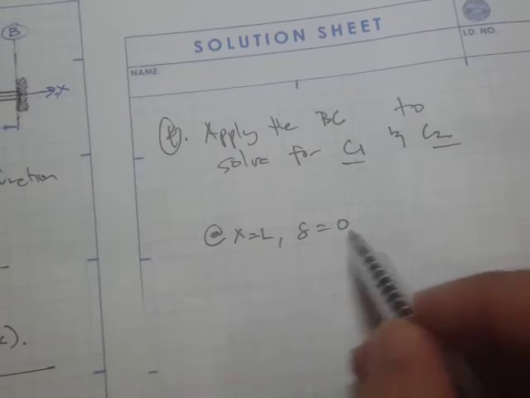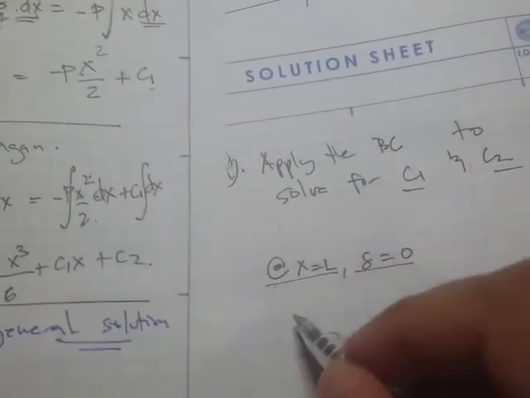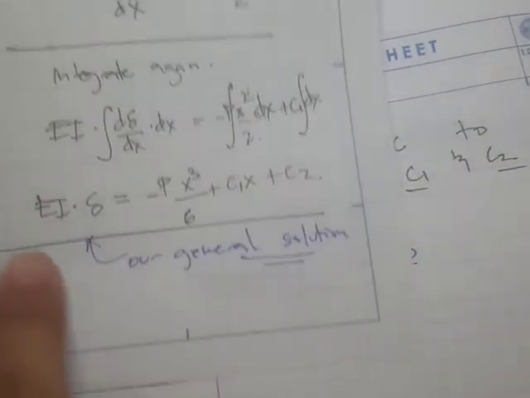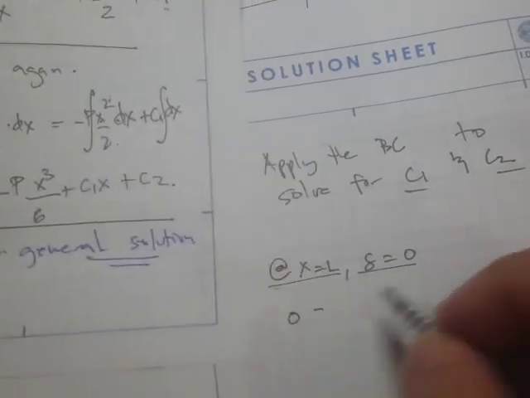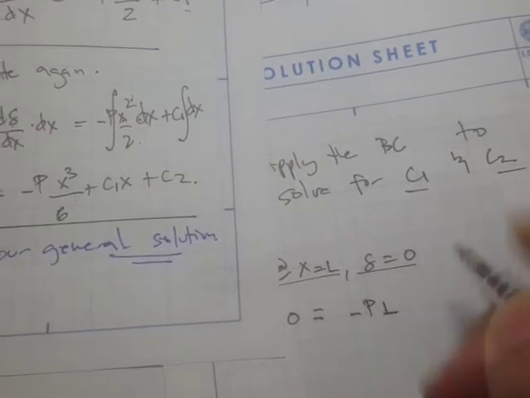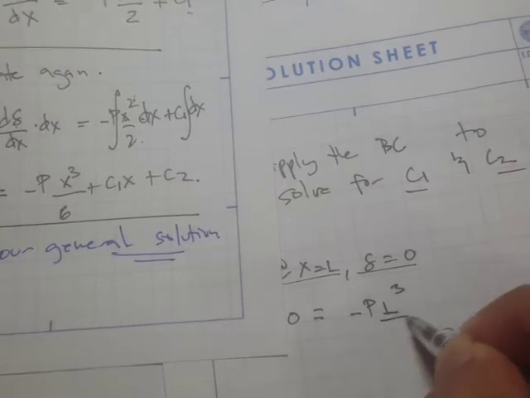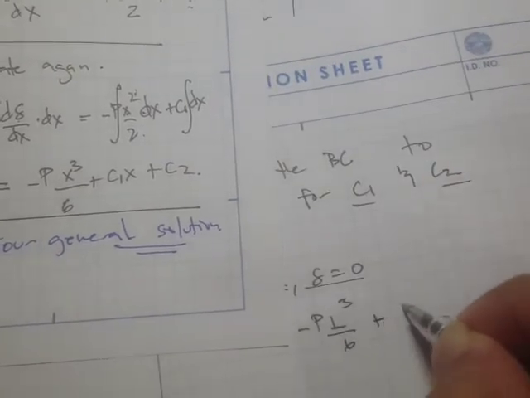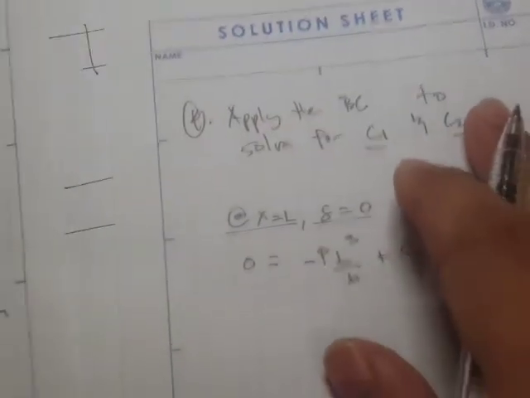If we substitute x equal to L and deflection equal to 0 to this general solution, we get 0 on this side. So 0 is equal to negative P L cubed all over 6, plus C1 L plus C2.